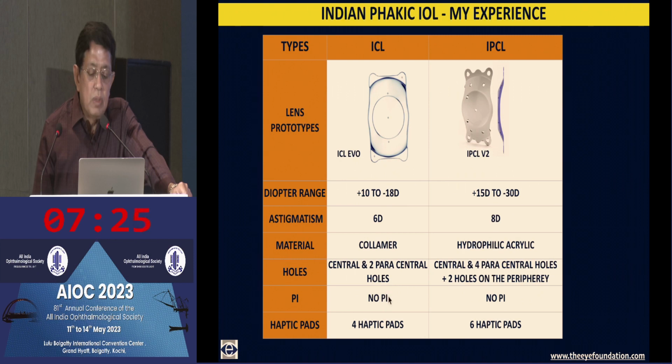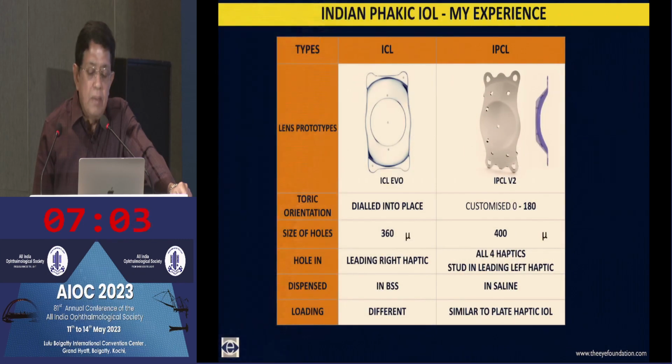Because of these holes, neither of these lenses requires a peripheral iridotomy. Currently, most phakic intraocular lenses that are available come with a central hole which is 360 microns to 400 microns in size. This has 4 haptic pads, this has 6 haptic pads, and these 6 haptic pads, the company claims, offer better stability. To my mind, both these lenses are equally stable once rightly implanted in the eye.